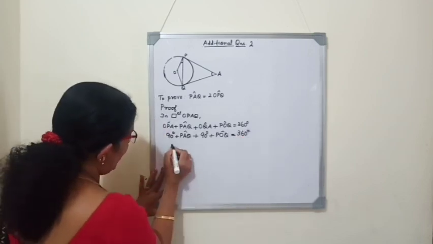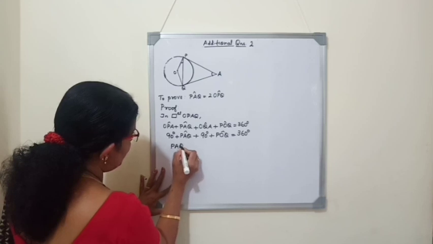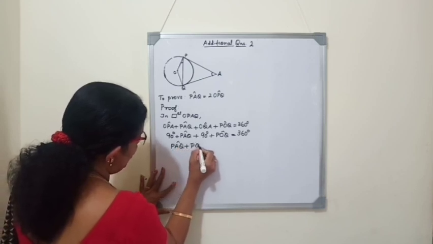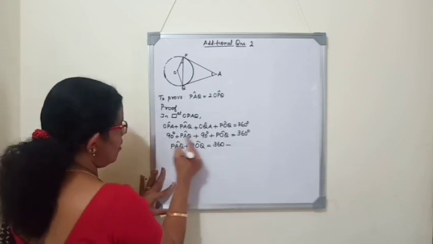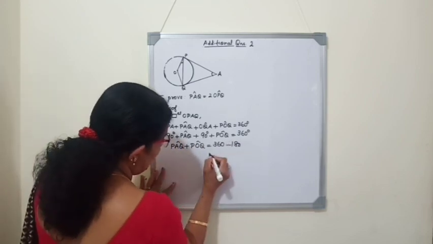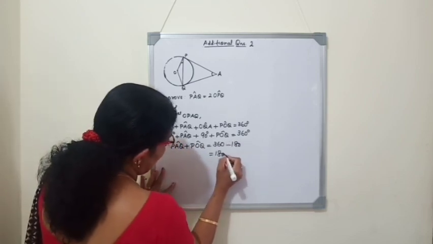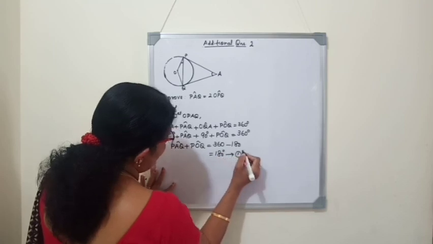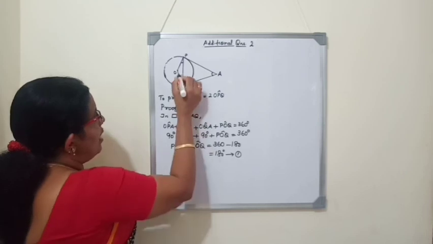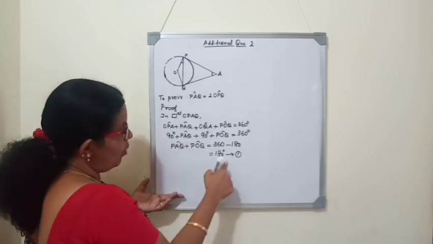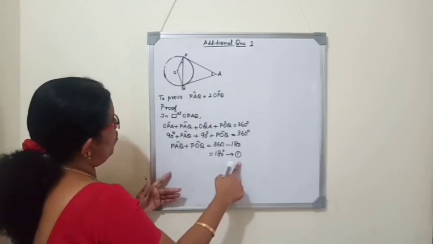Now PAQ plus POQ is equal to 360 minus 90 plus 90, 180 is equal to 180 degree. This we will write as equation number 1. So we got angle PAQ plus angle POQ is equal to 180 degree. Let it be equation 1.